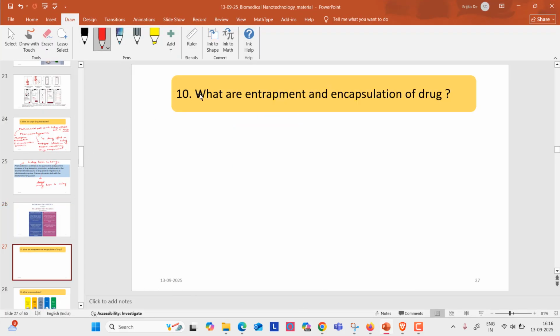Next, what are entrapment and encapsulation of drug?